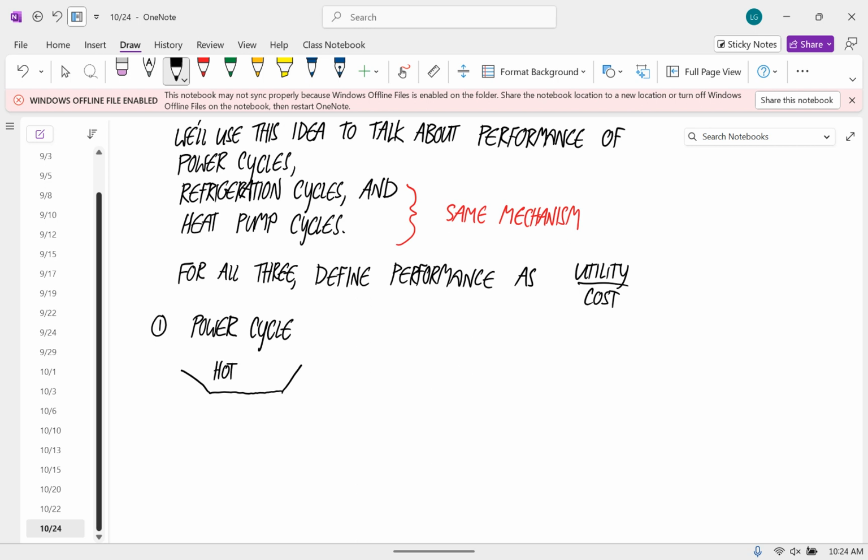This is where the guy with the mustache shovels coal into the fire. We have the system here. And then we have a second thermal reservoir here. This is the cold reservoir.